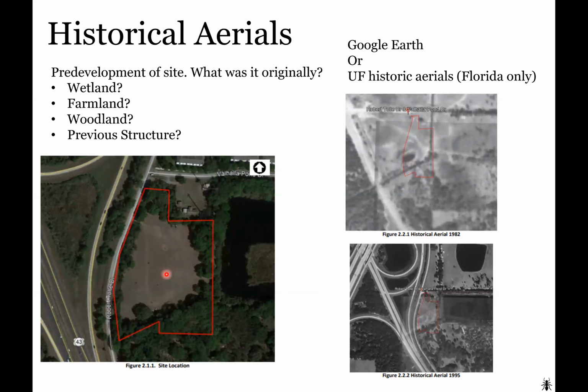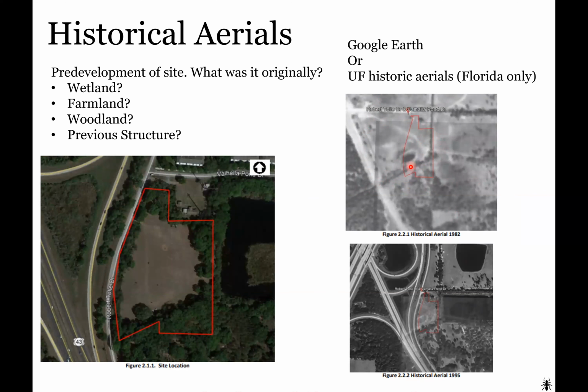So what we'll always look for, and this is an example of these historic aerials taken from a Geotech report that I'll post, we would always look at it in the current day location. So this one here is the current day, just from Google Earth or something. And then we'll also look at them from various years, so 1982, 1980, or 1995 here. Obviously you can see that the 1982 historic aerial has no highway development.